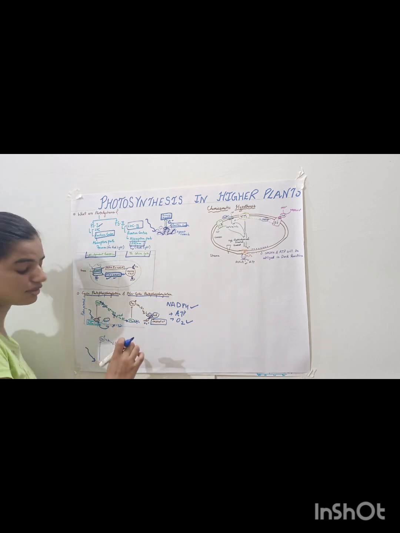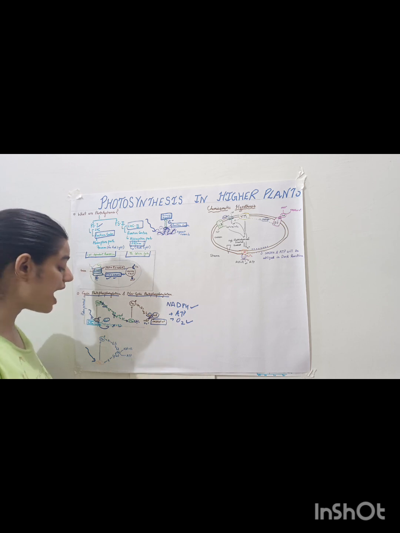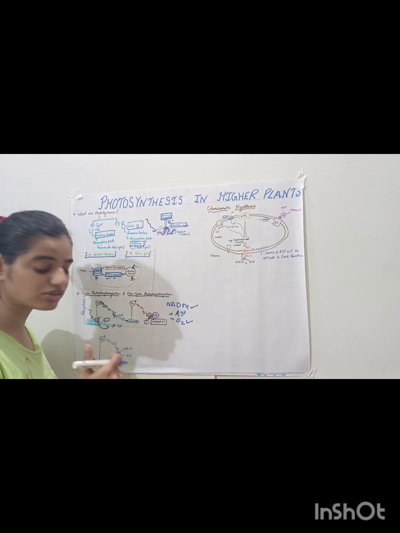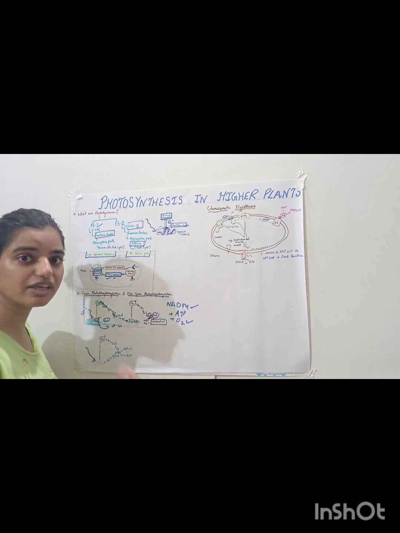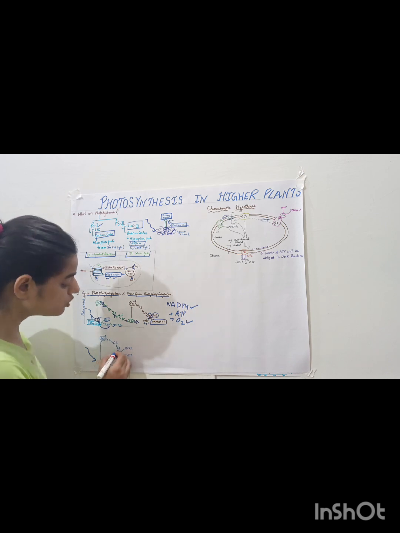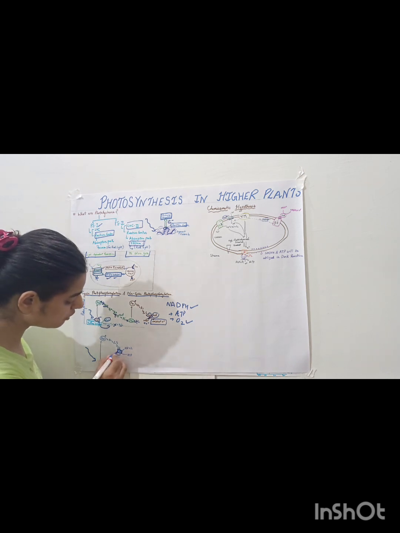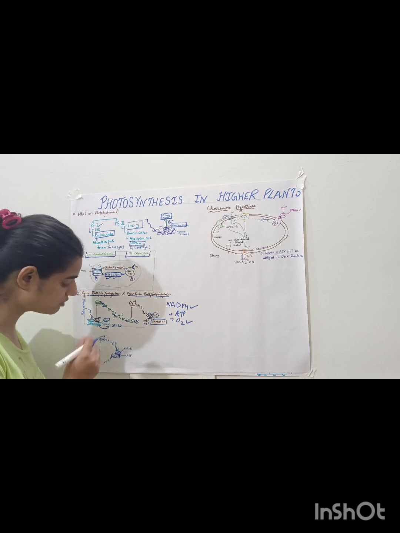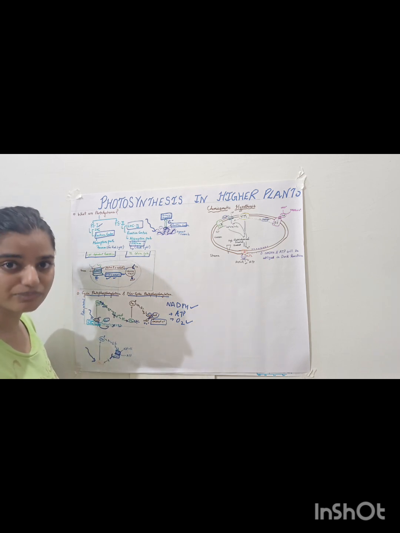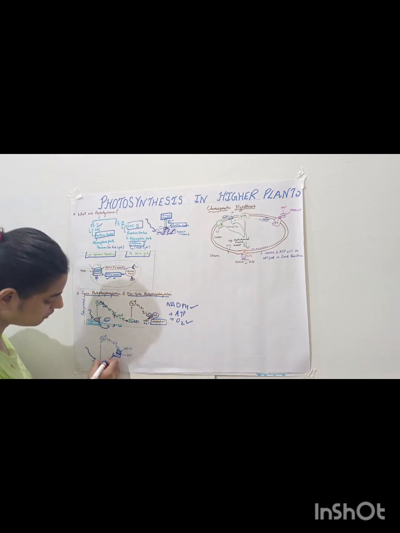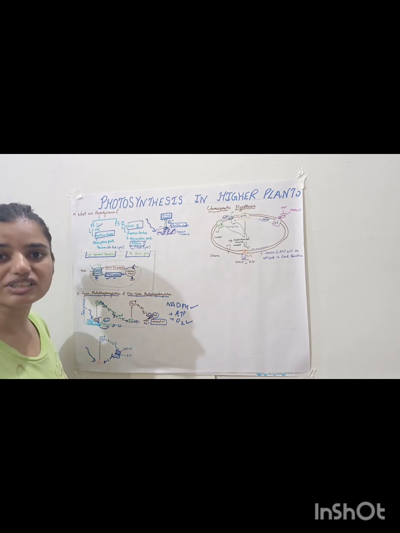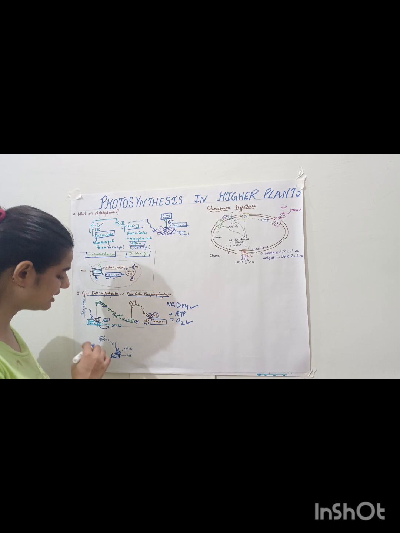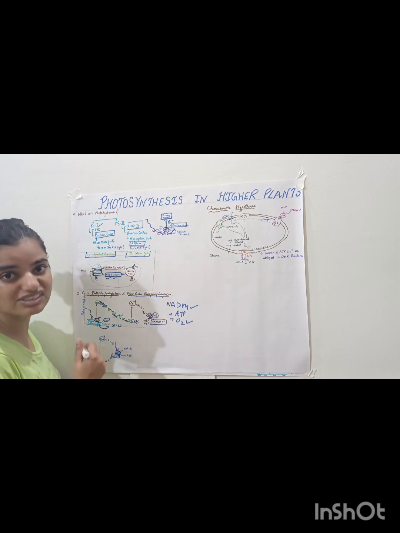Then the primary acceptor transfers the electron to the iron sulfur clusters, then to ferredoxin, and from the ferredoxin the electrons are transferred to the plastoquinone. The plastoquinone transfers the electron to the cytochrome b6f, then the cytochrome transfers the electron to the plastocyanin, and then plastocyanin gives the electron again to photosystem I. So the whole process is cyclic.